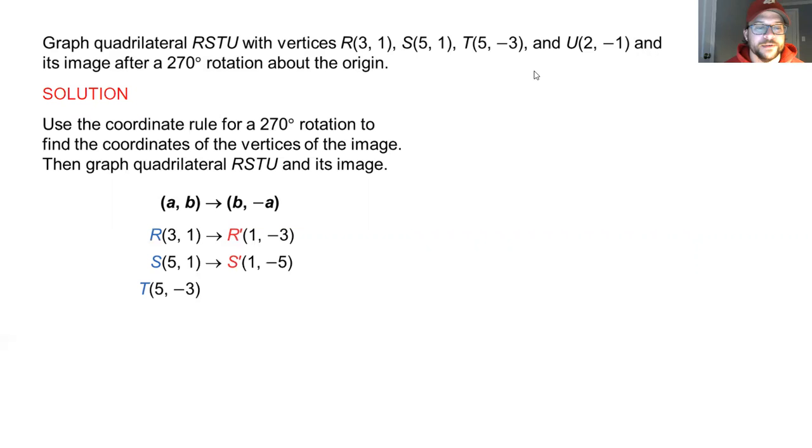Next, (5, -3). You change the order, and then you make your second coordinate change sign. So the -3 stays the same because we're not changing our x-coordinate. The 5 becomes negative because we change our second coordinate. Then (2, -1), change the order, and then make your y-coordinate opposite sign. So we have (-1, -2) now. Those are our new coordinates after it's been rotated.